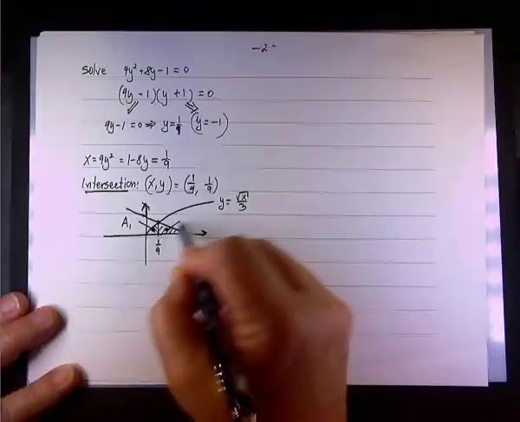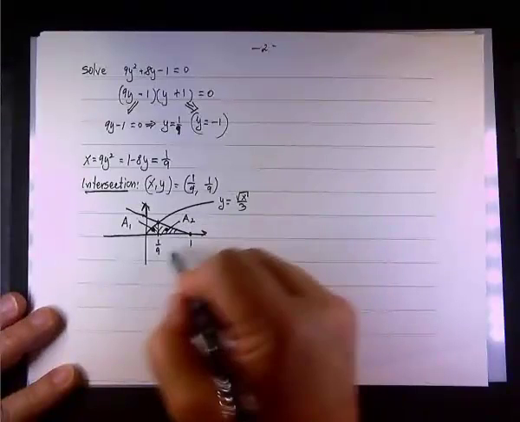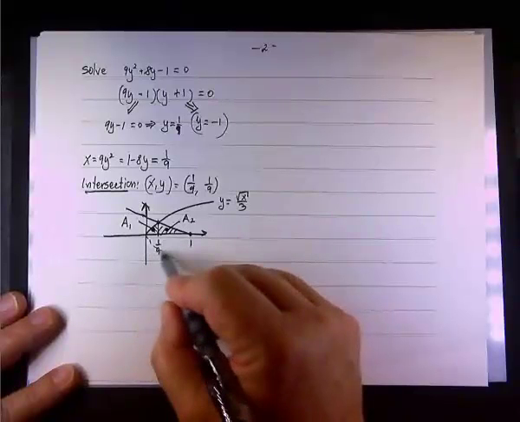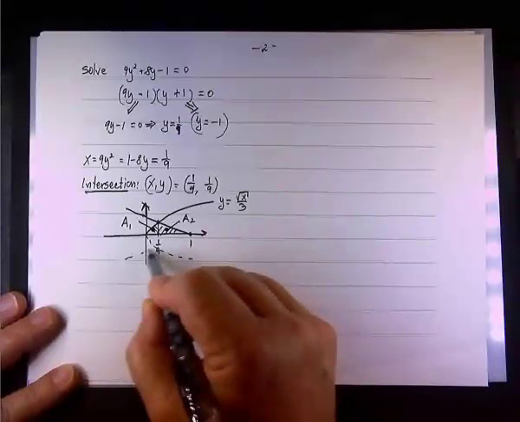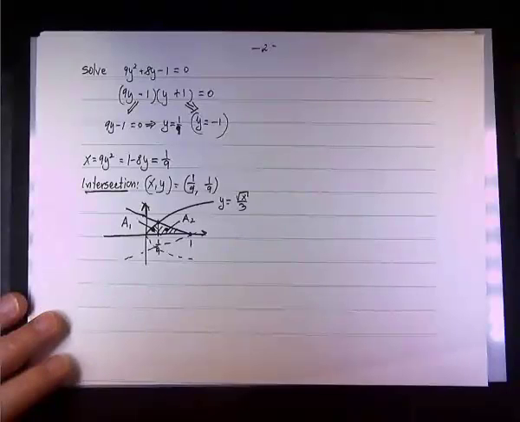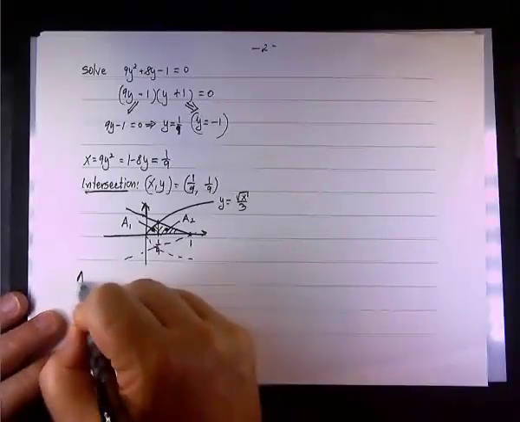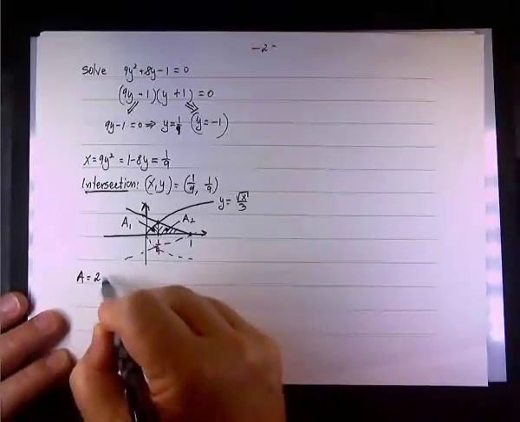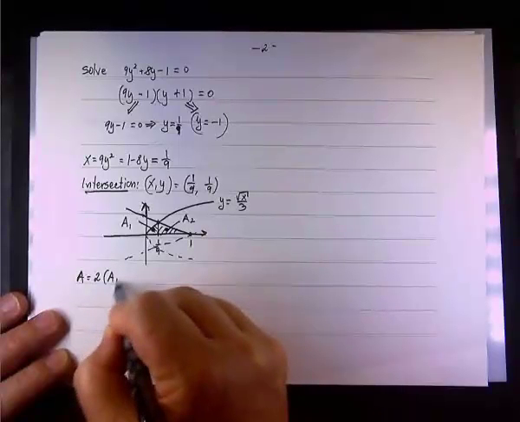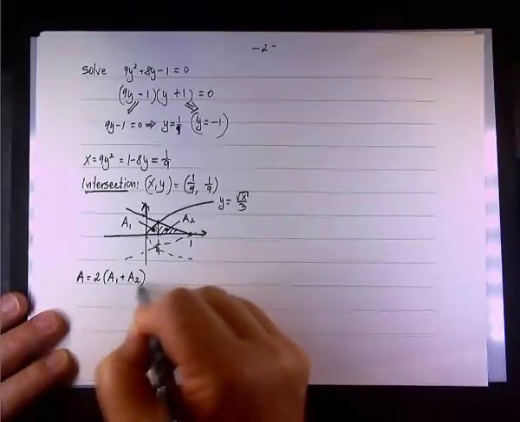And this is 1 over 9. So we have two regions. One region is this one. The other region is this one. So we'll call this region A1. We'll call this region A2. And remember that we need to multiply it because we have the same thing at the bottom. Okay? So the area will be 2 times A1 plus A2.